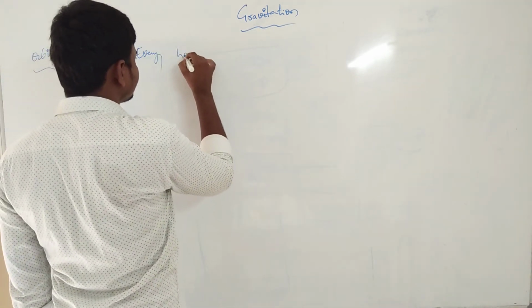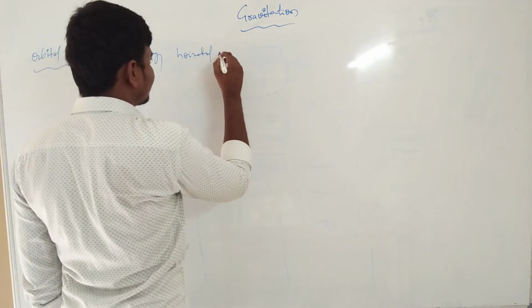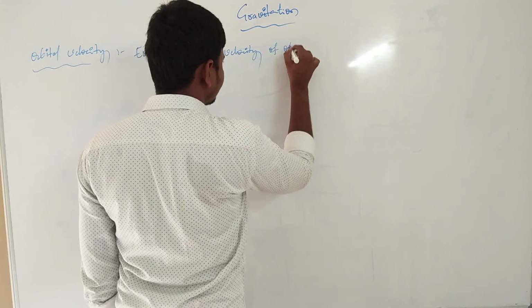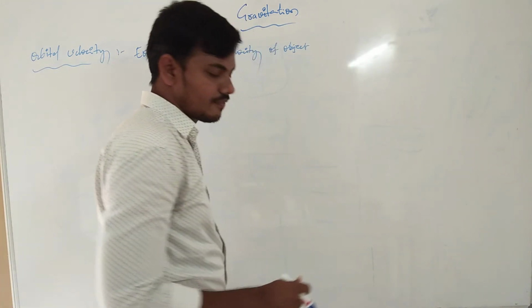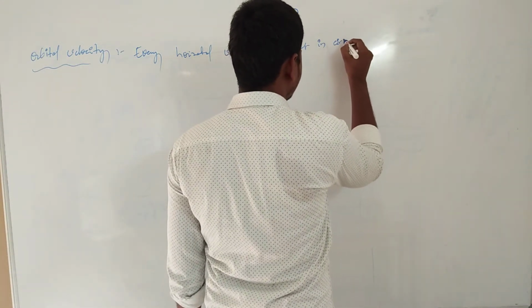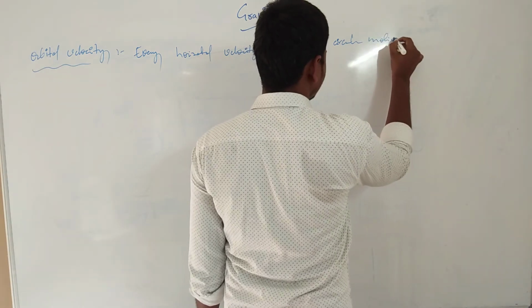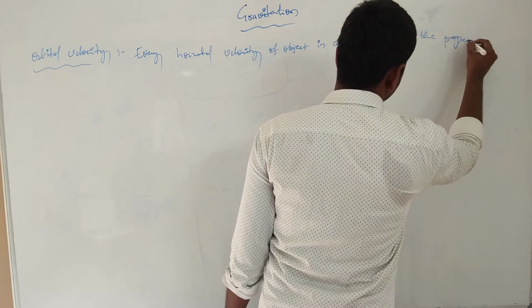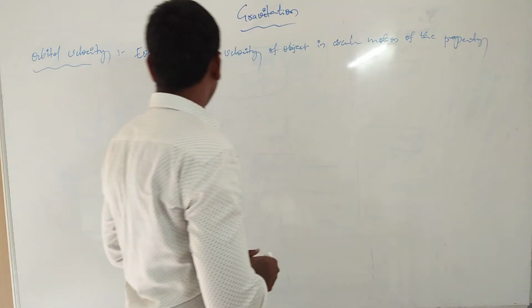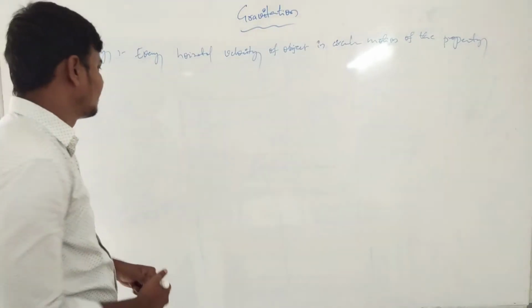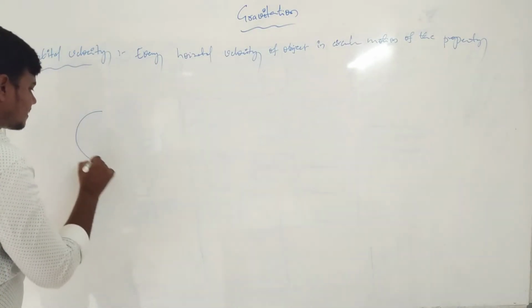Every horizontal velocity of an object in circular motion of the property, we can take it. For example, we are using this function.